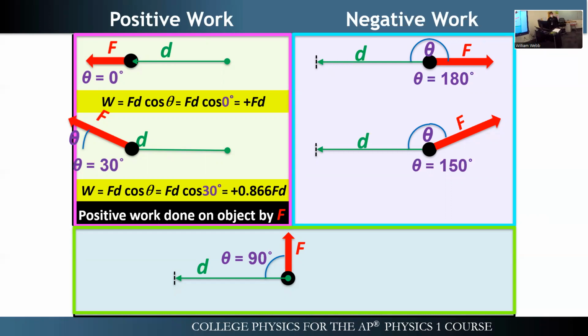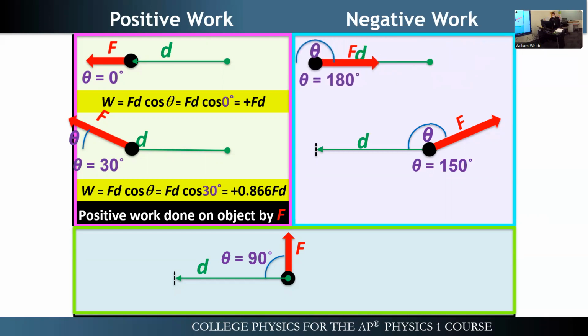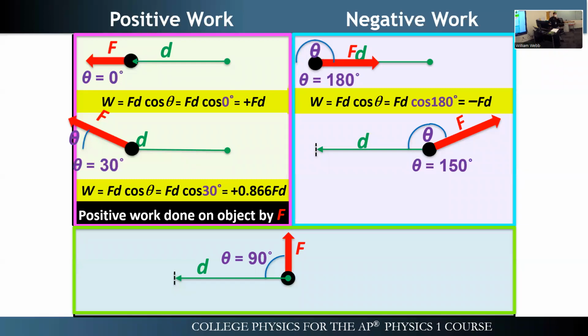In both cases, though, the force and the displacement, at least the horizontal force and the displacement, are in the same direction, so those are positive work. And the negative work, in this case, 180 degrees, displacement to the left, force to the right. If we put 180 in there, we're going to still get FD mathematically, but they're opposite in direction, so we call it negative work.